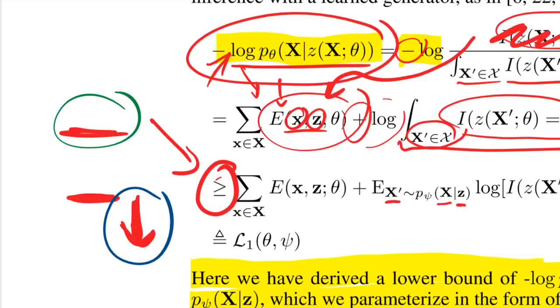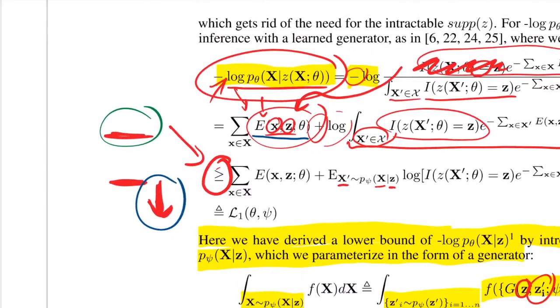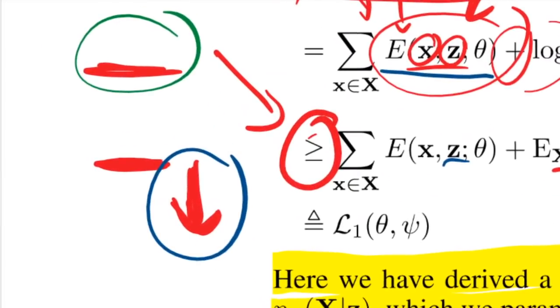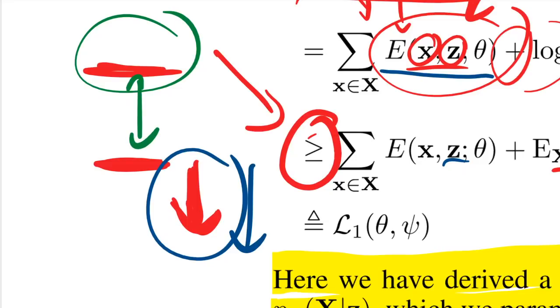So this loss right here, you see this energy function, we'll adjust that whenever we adjust our discriminator. Whenever we adjust our encoder, we are going to adjust the part that generates the z vectors right here. So we'll push this down. But whenever we optimize our generator, that's when we make this gap here smaller, okay?